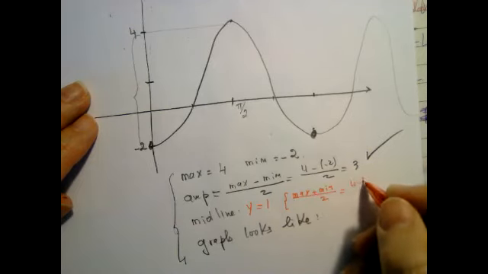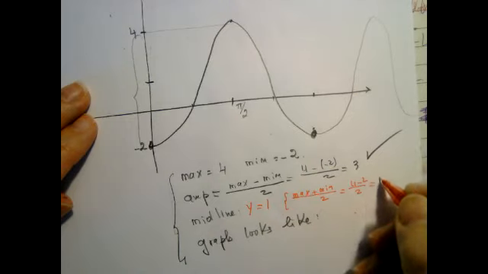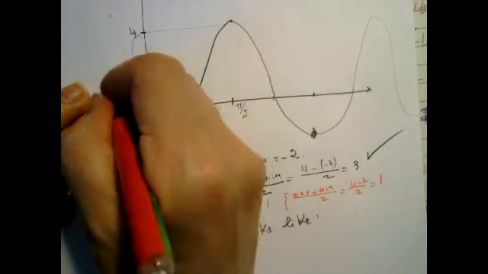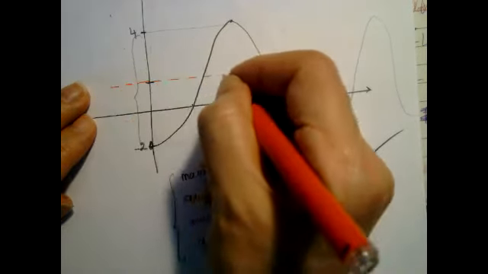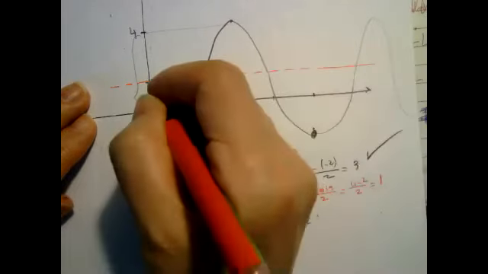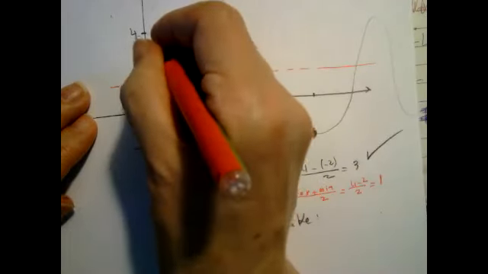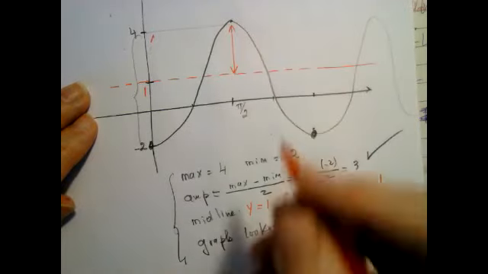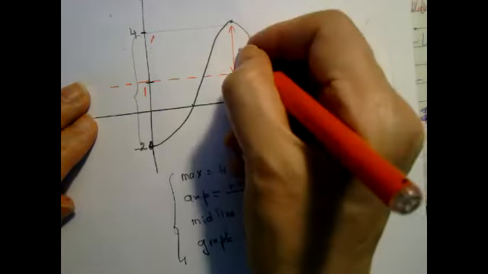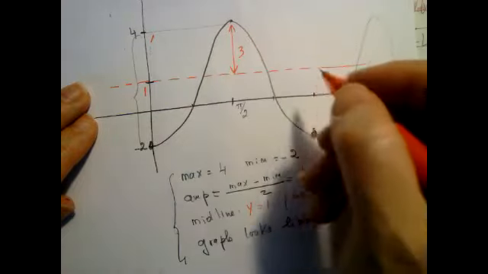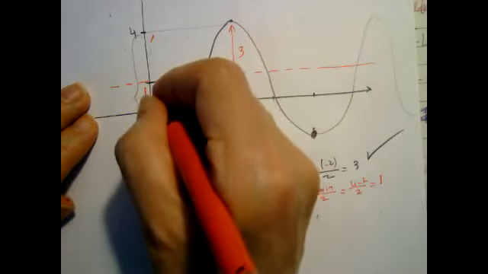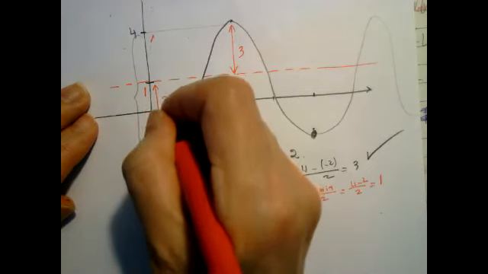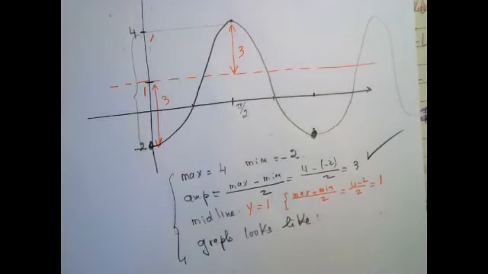It means 4 minus 2 over 2, which is equal to 1. So this should be the halfway point right there. So this is the 1. From here to here, I have 3, and from here to here, I also have 3. And that's halfway in between.